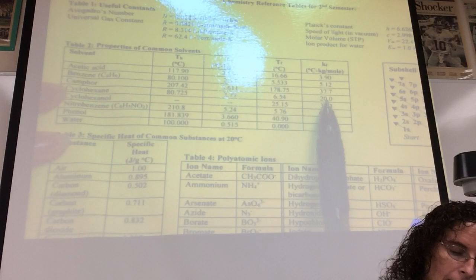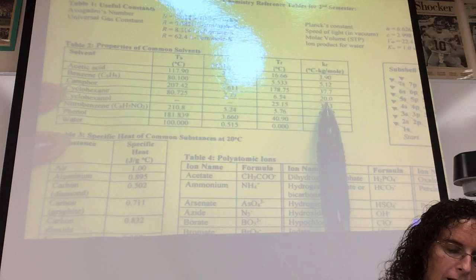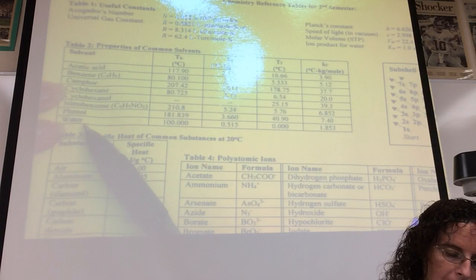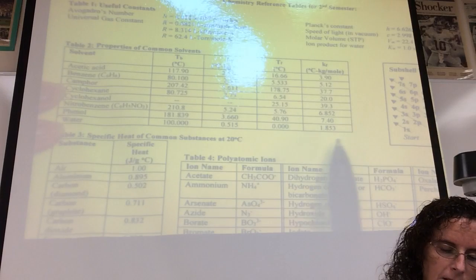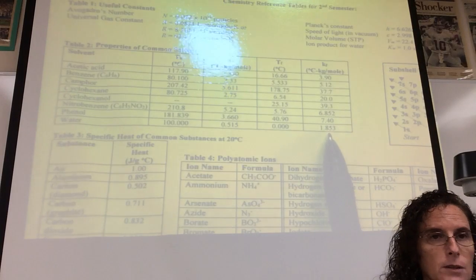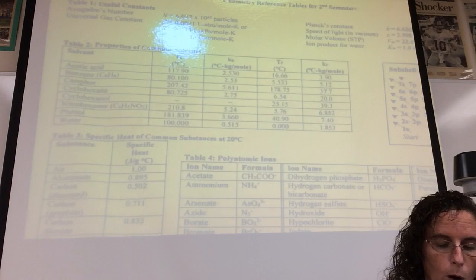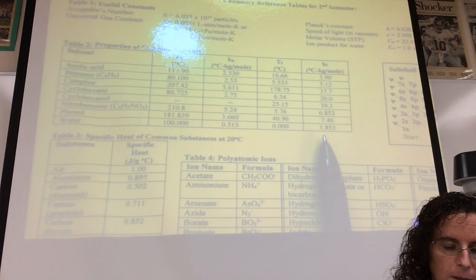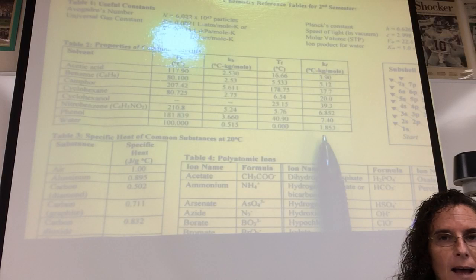Cyclohexane has a constant of 20.0, and water has a constant of 1.853 degrees Celsius kilograms per mole. So for freezing point depression, we'll need the molal freezing point constant, which is found in the last column.